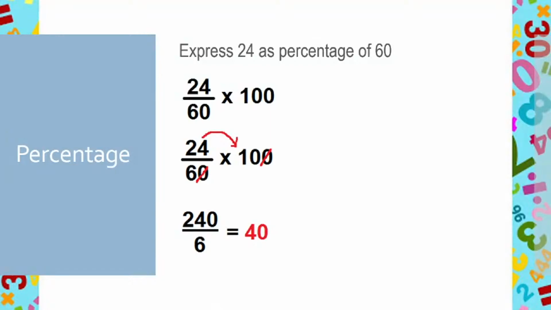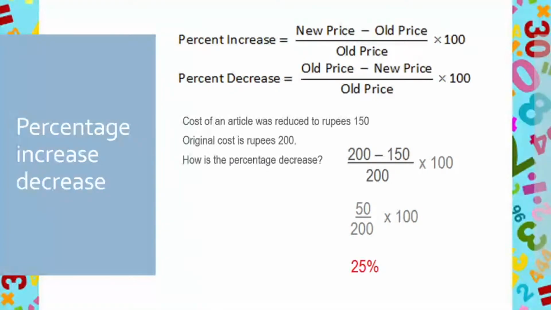Next question, on percentage increase and decrease. If a question asks you to find the percentage increase, what you do is: increase, that is new value minus the old value, divided by the old price, multiplied by 100. These are the formulae we use to calculate percentage increase and decrease.